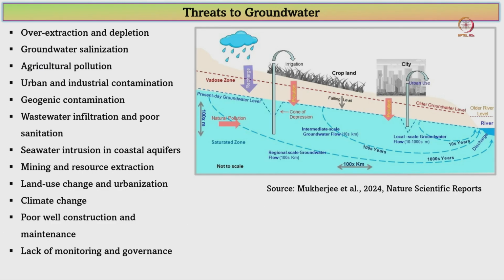Now, what are the threats to groundwater and its quality and quantity? When I say groundwater, I mean both its quality and its quantity. These two terms, as discussed yesterday, are interdependent.